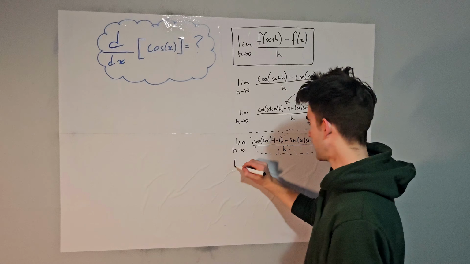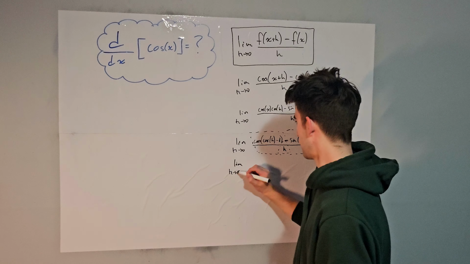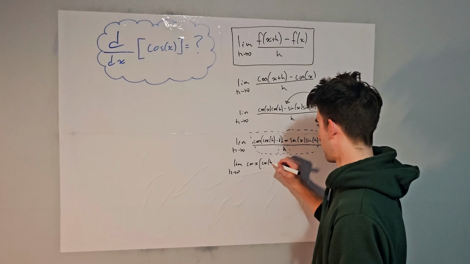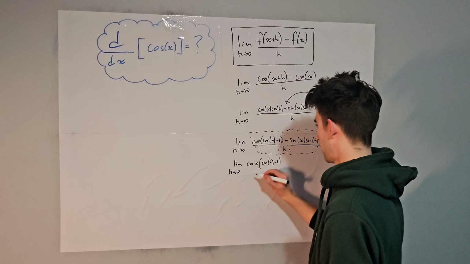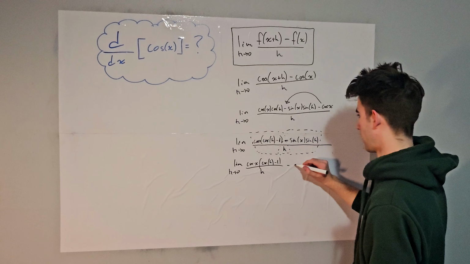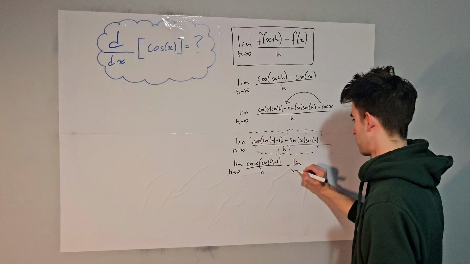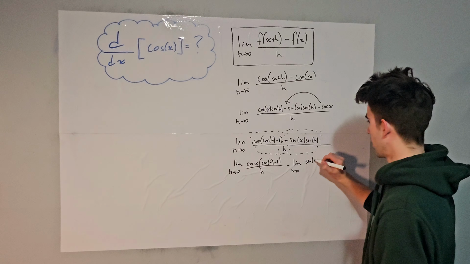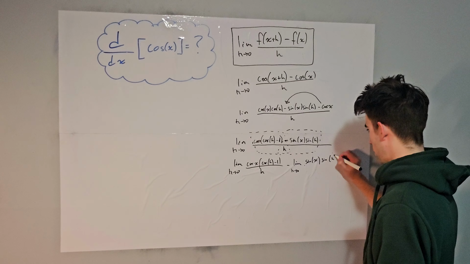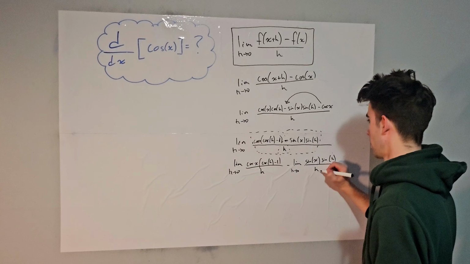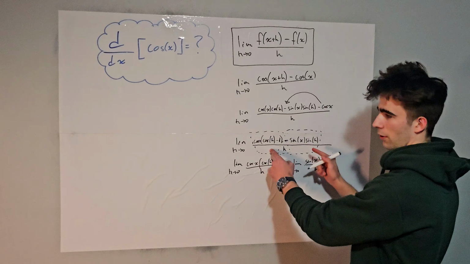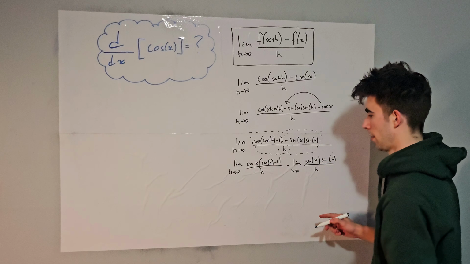So the limit as h approaches 0 of the first one, cos x (cos h minus 1) all over h, minus the limit as h approaches 0 of sine x sine h, almost forgot that one, also over h. And if we subtract these two fractions together, you'll see we get what we started with here. So we just broke that apart.